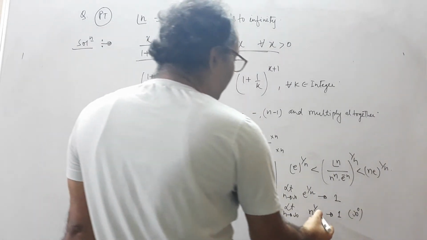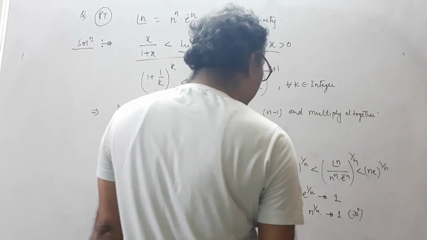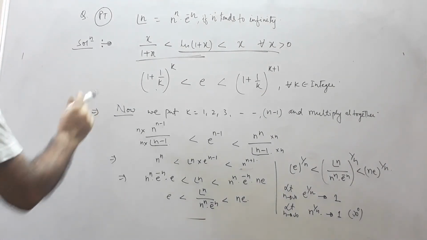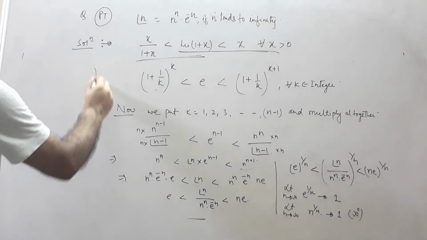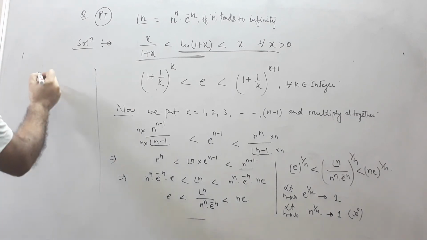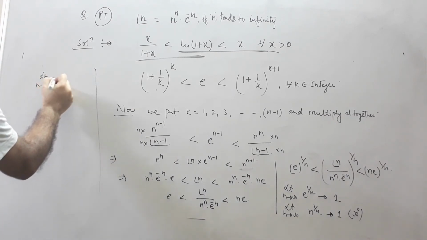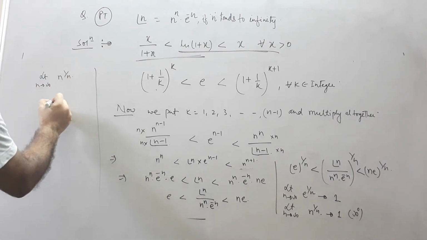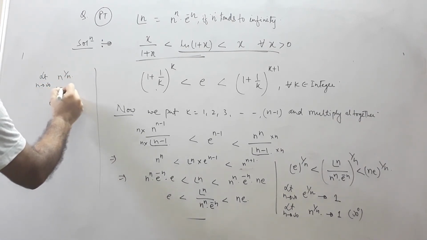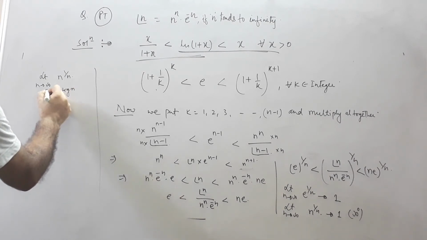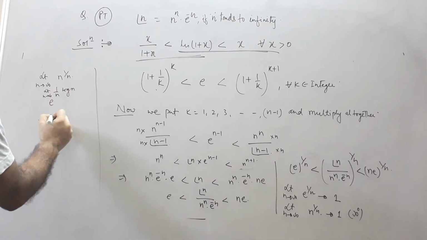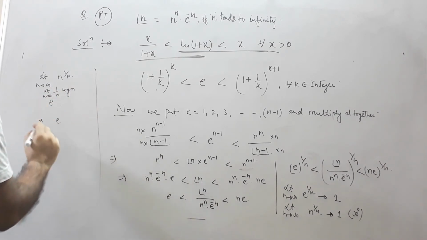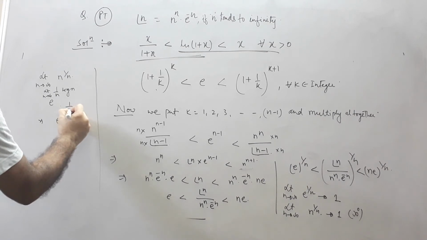So if we simplify this, for the students' understanding, I am simplifying it here: the limit as n tends to infinity of n to the power 1 by n. It is infinity to the power 0 form, so what will its limit be? Its limit will be the limit of log n by n as n tends to infinity. Here we have infinity by infinity form, so simply applying L'Hopital's rule, we shall get 1 by n.